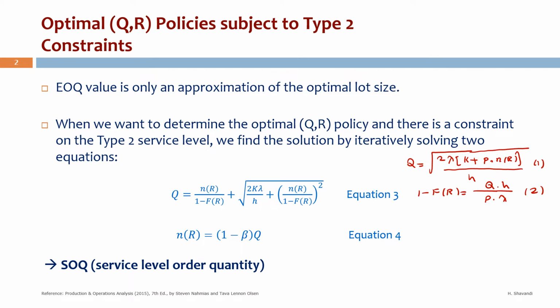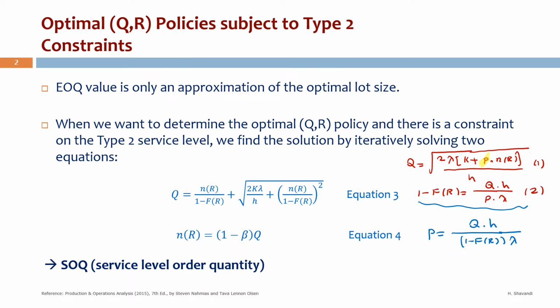So here, if we obtain P by the second equation, P becomes Q times H over 1 minus FR times lambda, right? And now if we replace this P in the first equation, as you see here, we have a P in the first equation, right?